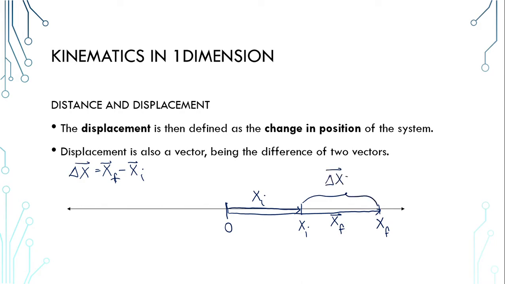And this here is delta x, which is x final minus x initial. So essentially, this is just the difference of two vectors, just as we learned previously when we studied trigonometry. So if I wanted to describe this vector here, the vector will be this one here, the green one, which is the difference of the two vectors.